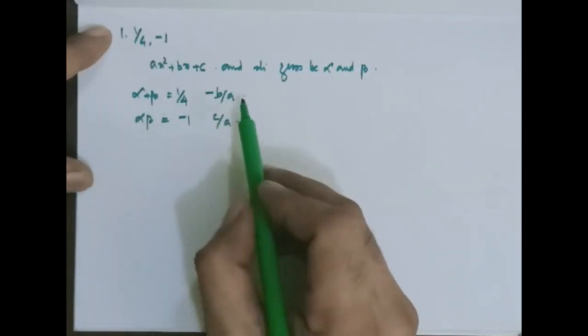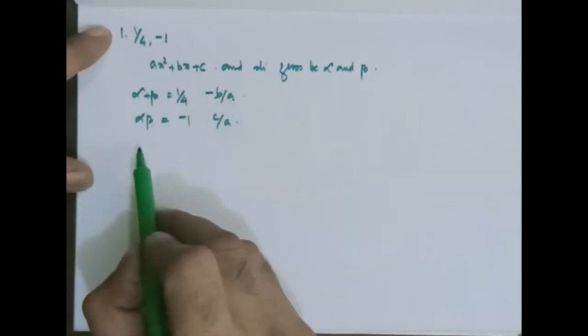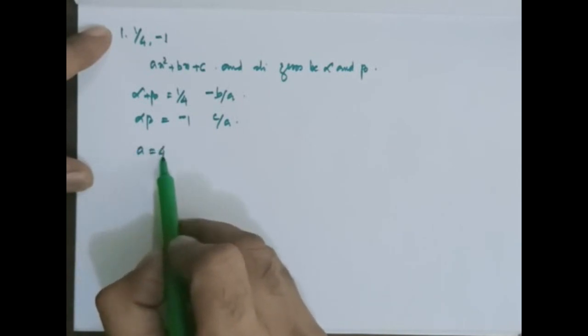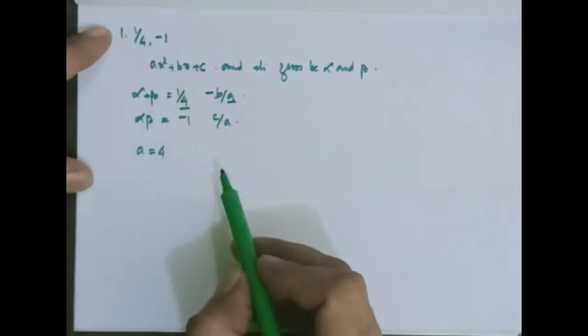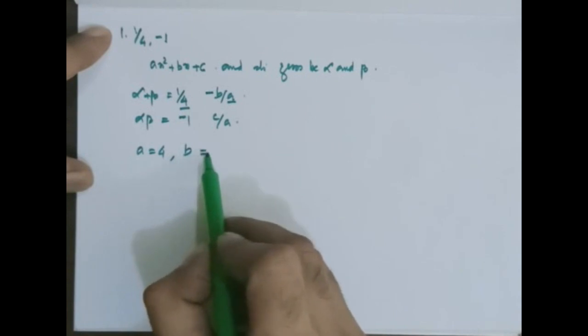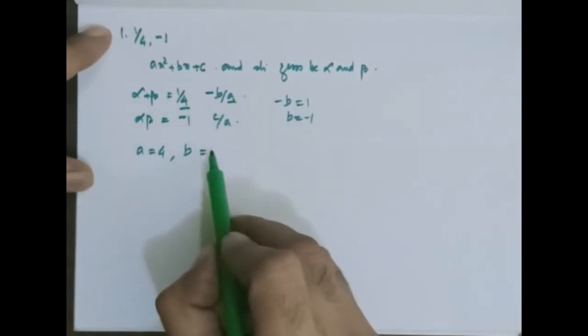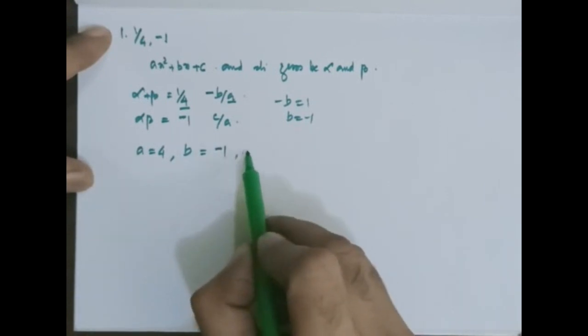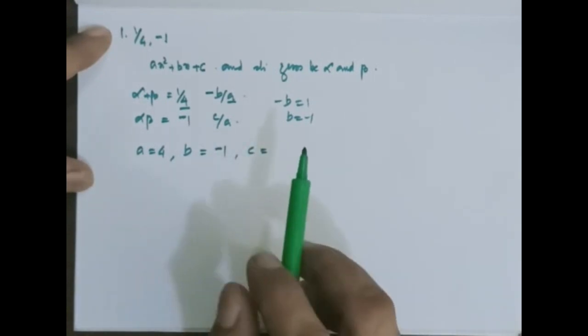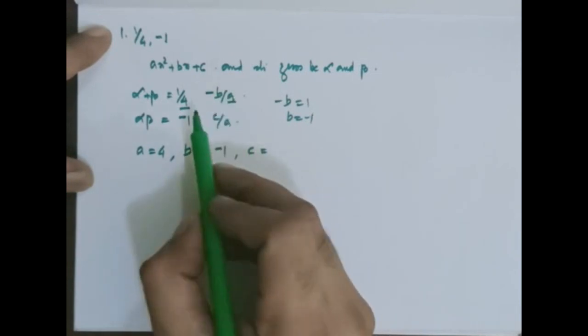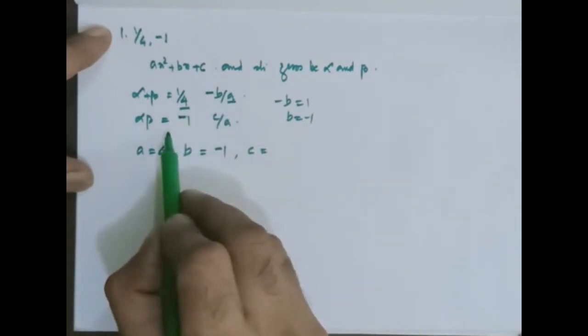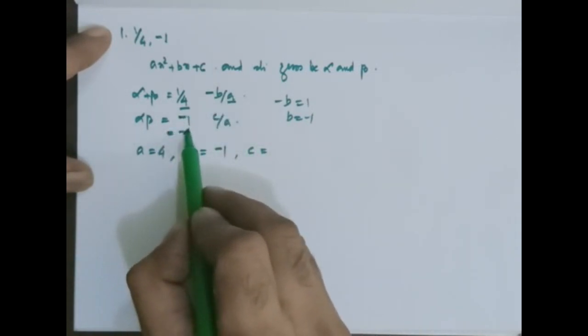So from this we can take a equal to 4, b equal to minus 1, and c equal to, minus 1 here it is given, so this can be written as minus 4 by 4.